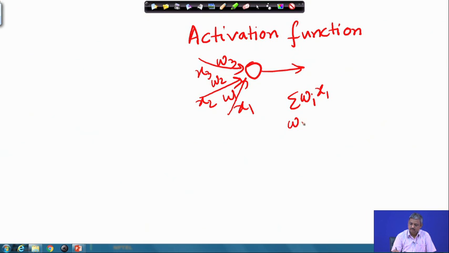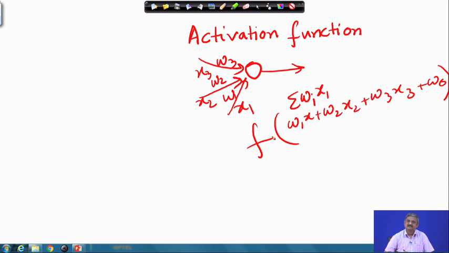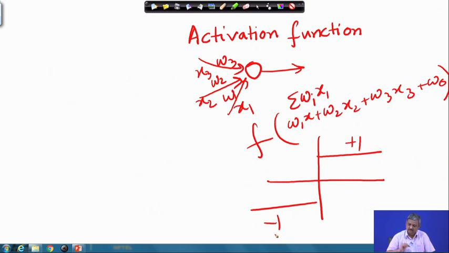So, it will compute W1 X1 plus W2 X2 plus W3 X3 plus W0, the bias term, and apply an activation function to this, which usually takes a form of either +1 or -1, like a step function. That is the activation function.